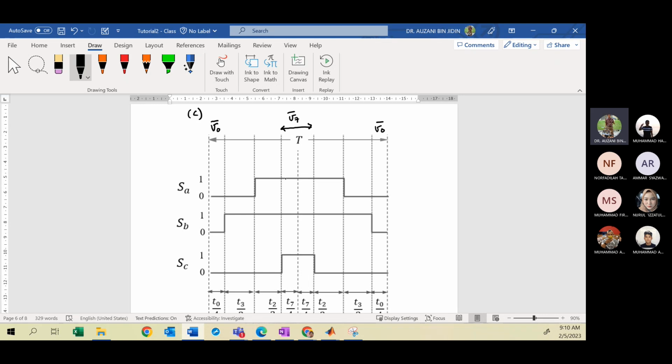So you can see here 1 for SA, SB also 1, SC also 1. But for the second interval here, the first adjacent vector to be selected is V3, right? So this is the V3. Then it will switch to V2. And here V2, V3. Okay, clear?